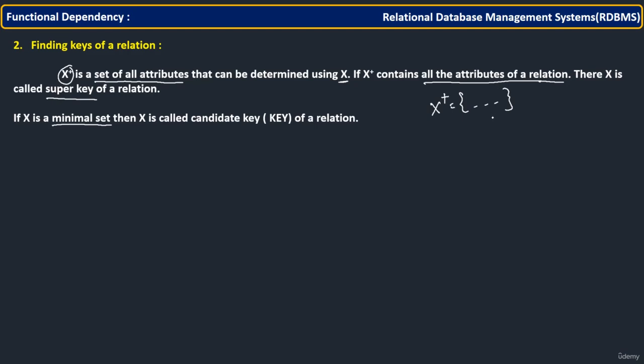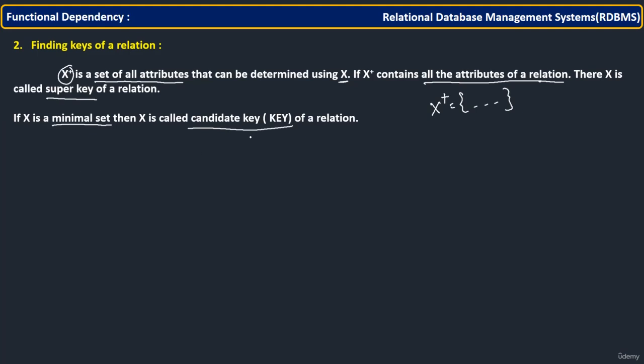But if you remove any attribute from the given set and you are not able to derive all attributes, that is an irreducible set, that is the minimal set. Then such a minimal set X is called a candidate key.